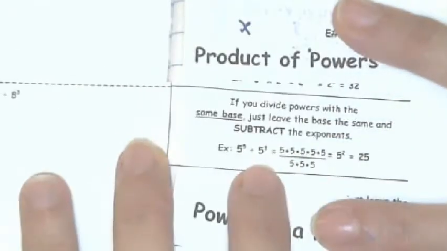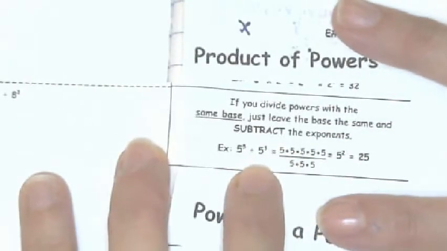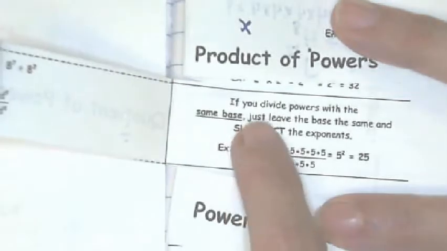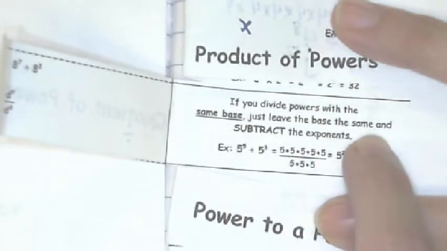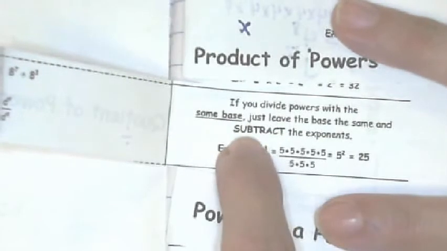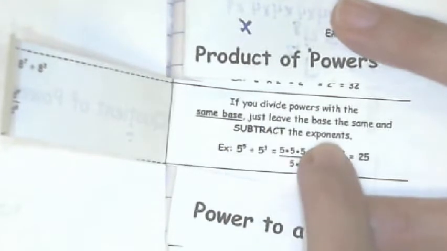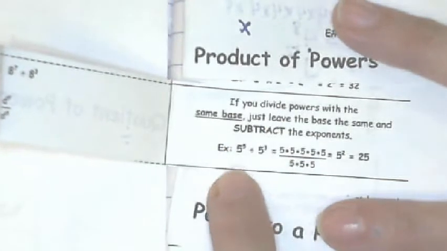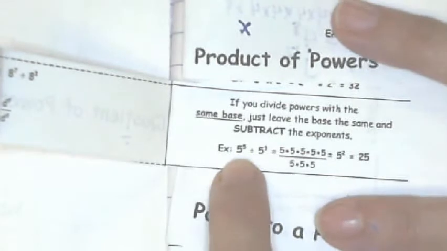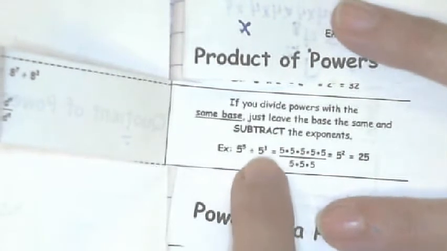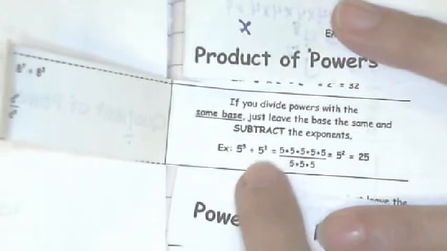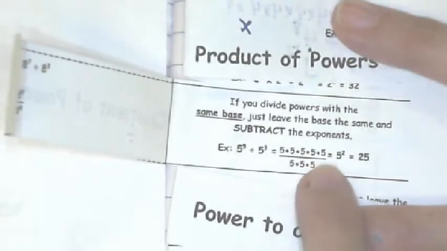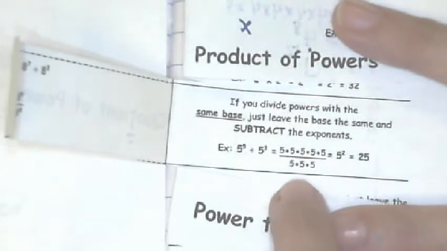That says if you divide powers with the same base, just leave the base the same and then subtract the exponents. So for example, if I have 5 to the 5th power divided by 5 to the 3rd, they're written out. On the top they have 5 5's, and on the bottom they have 3 5's.